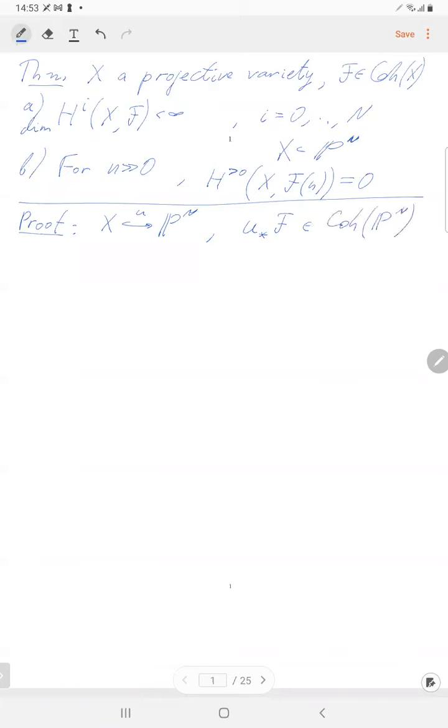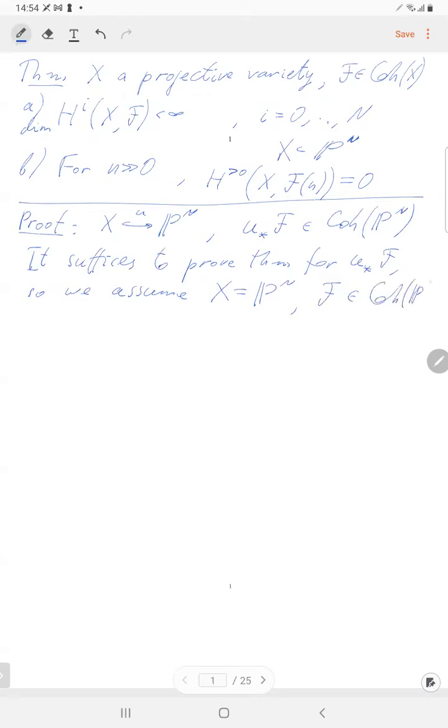So it's enough to prove the theorem for this push forward, and so it's enough to assume that X is just the projective space. But X is the ambient projective space, and F the coherent sheaf.